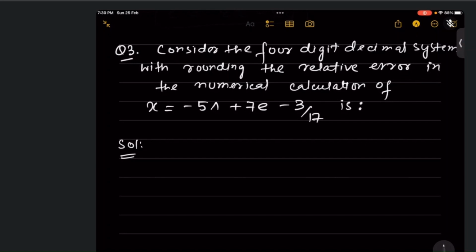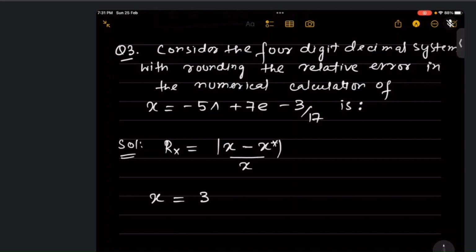See, we have to find relative error, right? What the relative error is? The x minus x star upon x. This is the relative error, right? The actual value of x minus the rounded value of x divided by the actual value of x. That is how we find it. Now Kavita, you said that what you calculated on the calculator is the actual value.